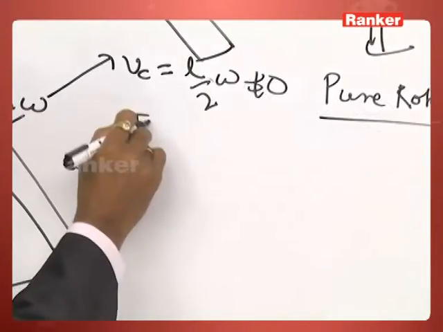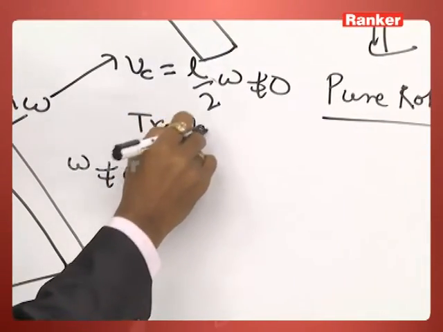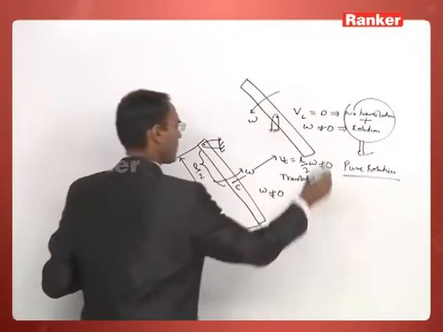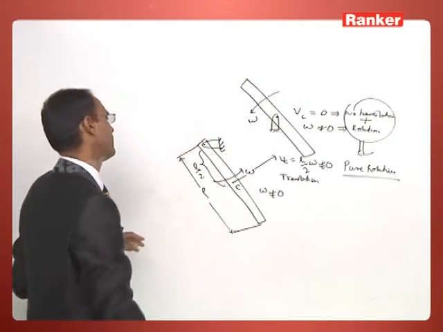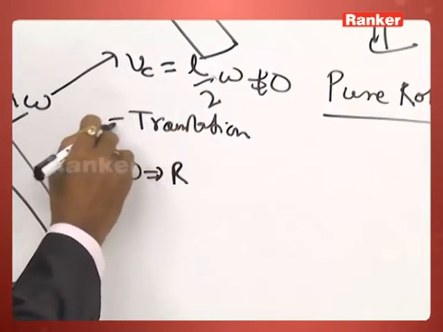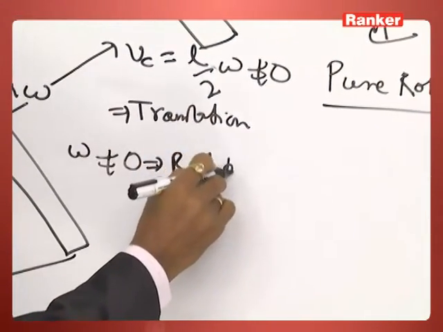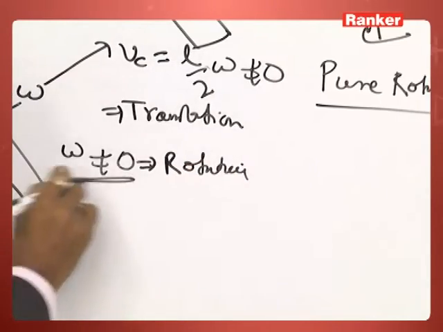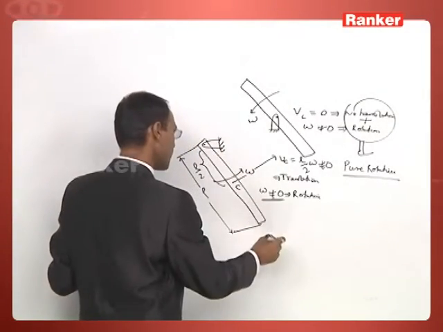Therefore, it has translation, or translatory motion, and it has a rotation also. Since omega is not 0, this rod is rotating.